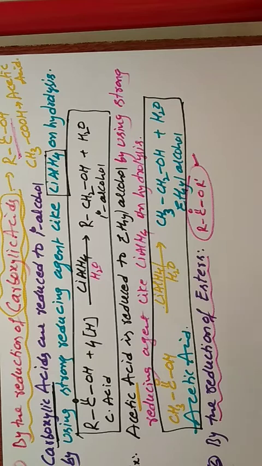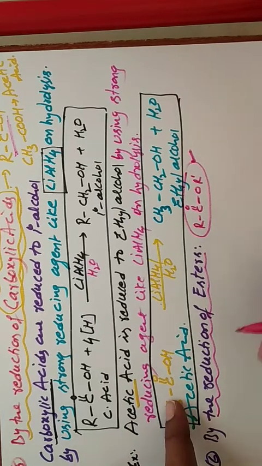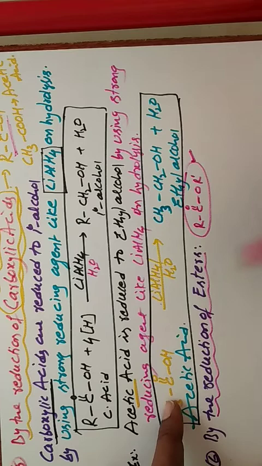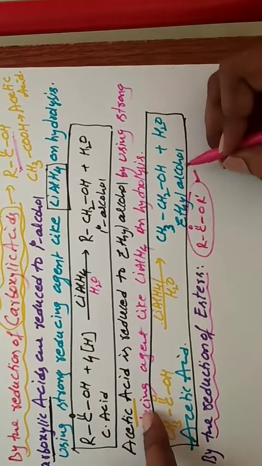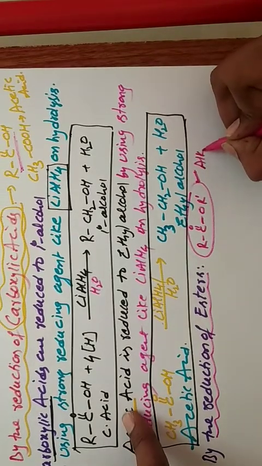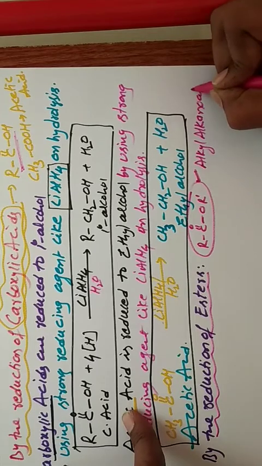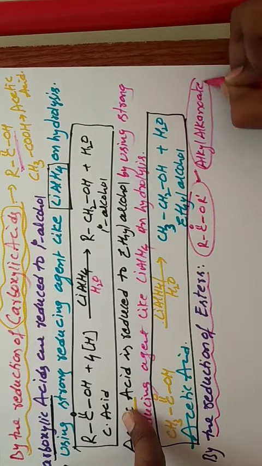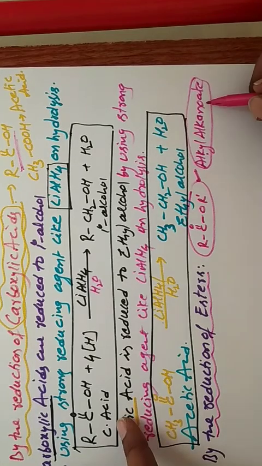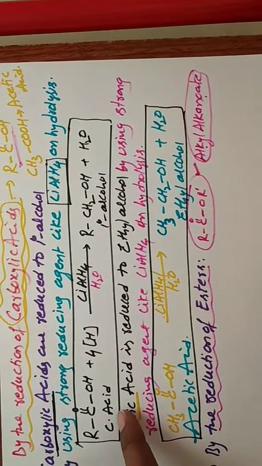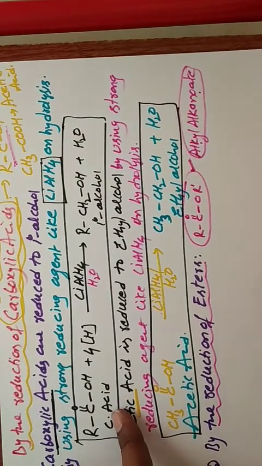So directly we can write the statement. Methyl ethanoate. The IUPAC name of an ester is alkyl alkanoate: first the alkyl is pronounced, next the alkanoate. That's why we take methyl ethanoate.